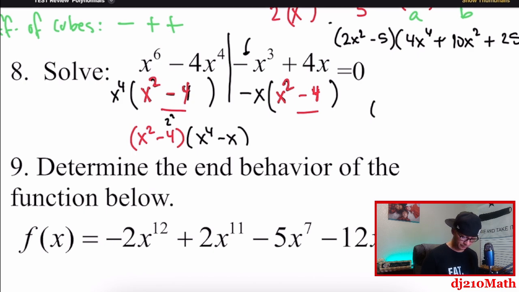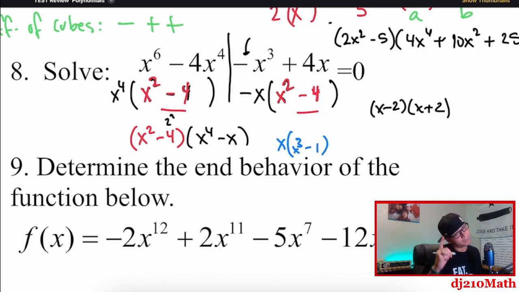So that's going to be x minus 2, x plus 2. And then here in the second one, the x fourth minus x, we can factor out the GCF, which is x. So I can take out an x. And left behind is x cubed minus 1. 1 can be rewritten as 1 cubed, and there's a difference of cubes again.